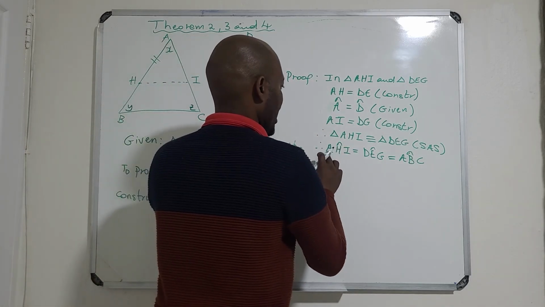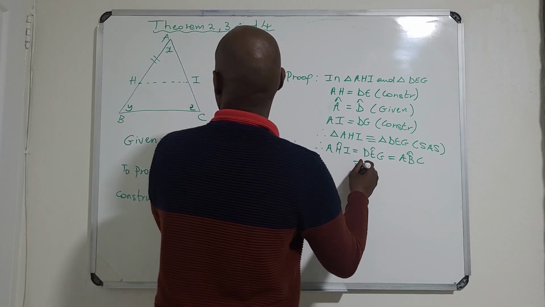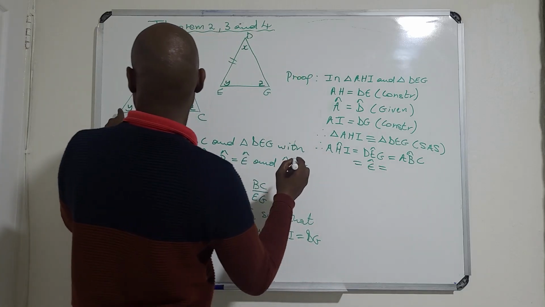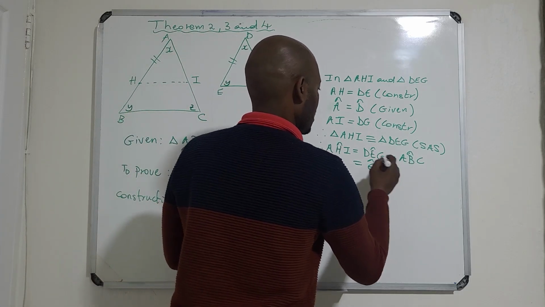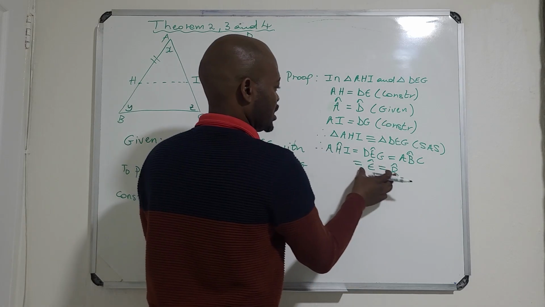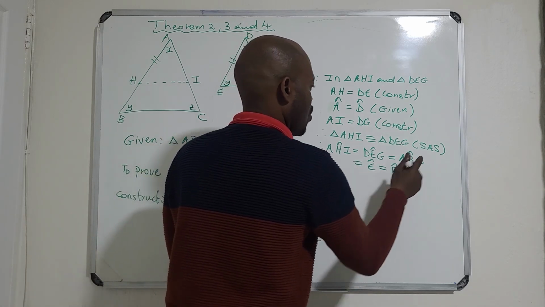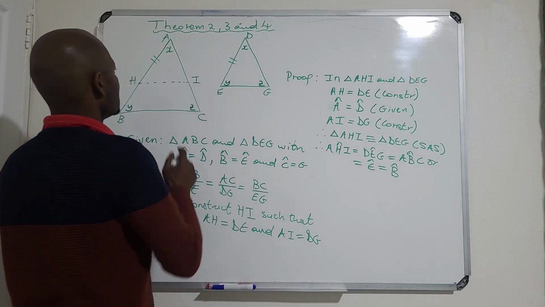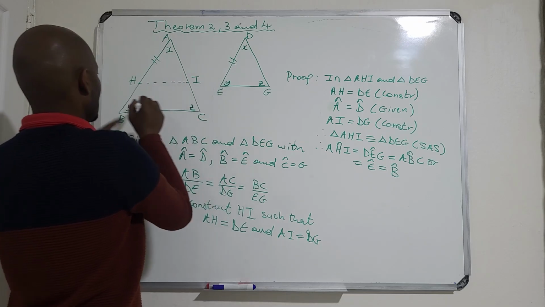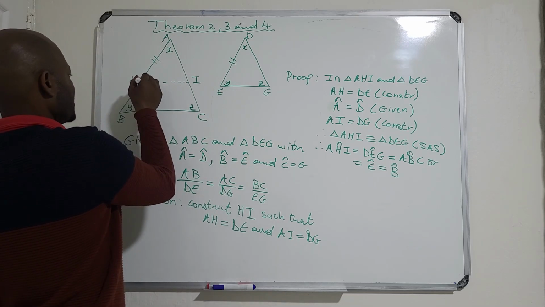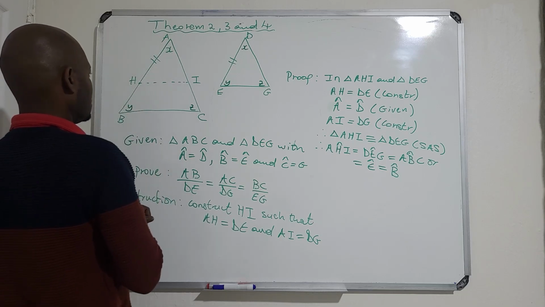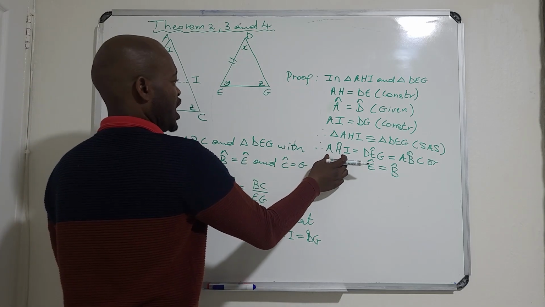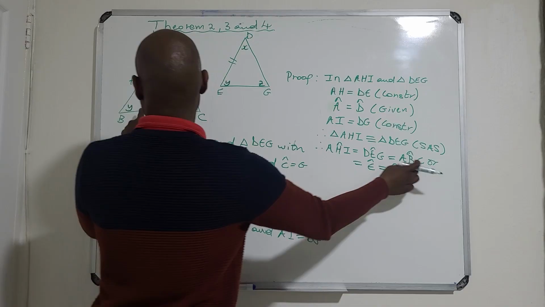Or we could have just said that angle AHI is equal to angle E, which is equal to angle B. If we wanted, we could have said this is equal to that. Since this is equal to that, we can see that angle AHI is equal to angle B.